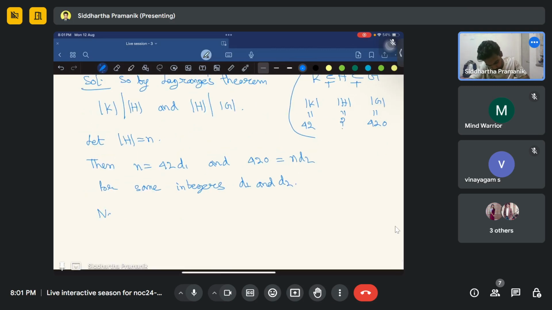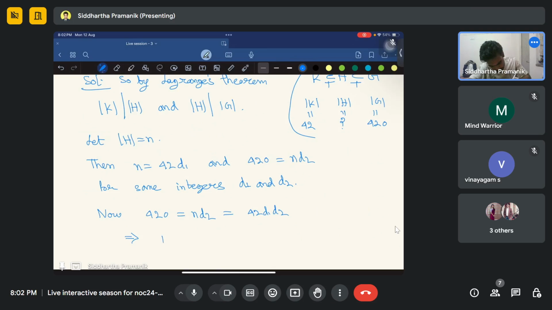So now 420 is equal to n d2, right? And this is equal to 42 times d1 times d2. So we can cancel out this 42 from both sides.